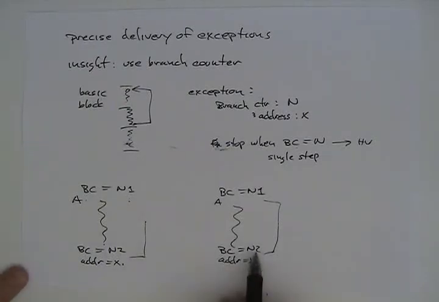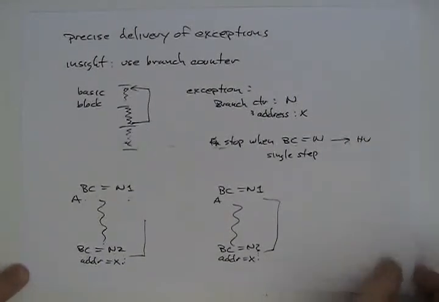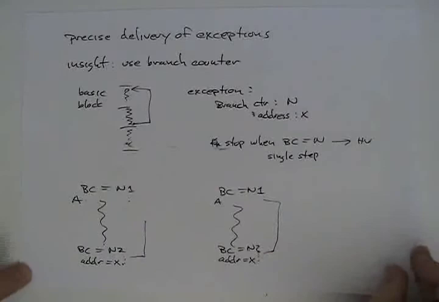At this point in time, they've both executed the same number of branches, so they've executed the same instruction stream, and then we step past it to this address, but we haven't gone to another jump, so we know that the first time we hit this address, we're at the same point in both.